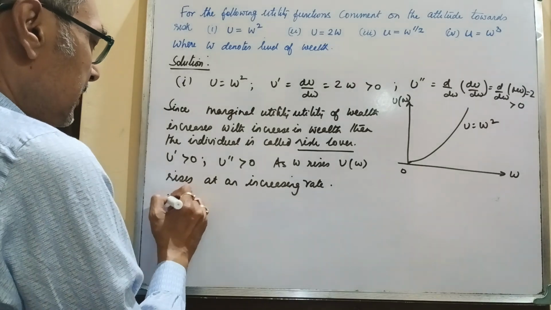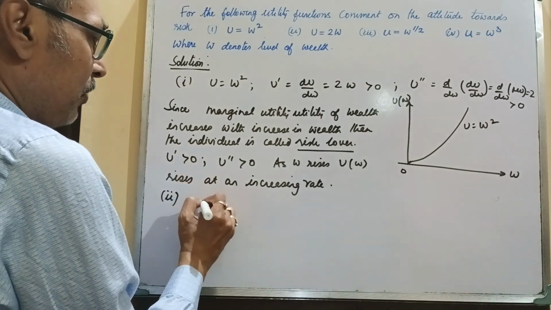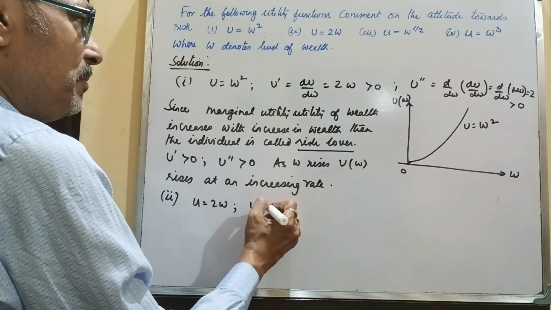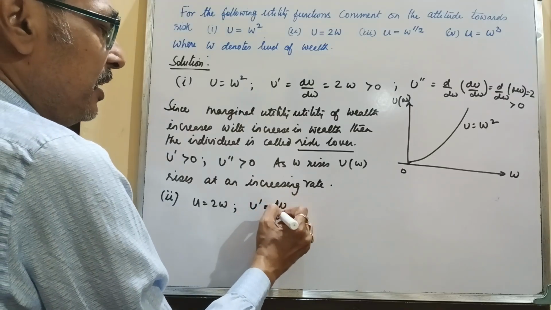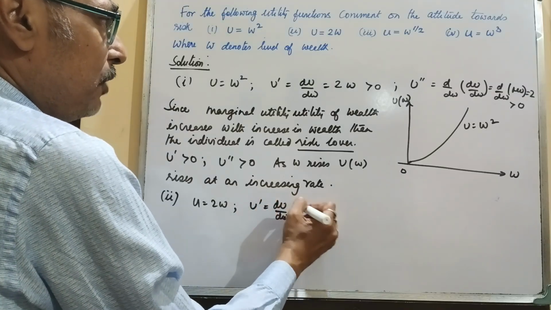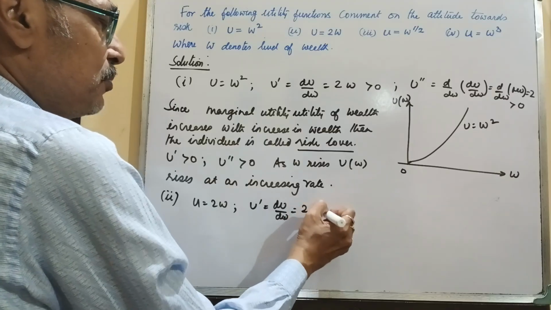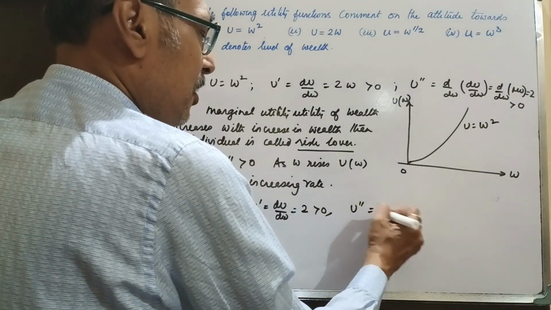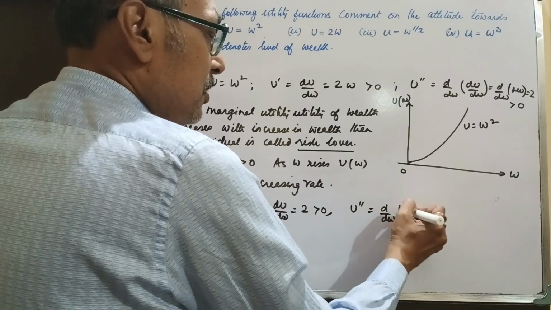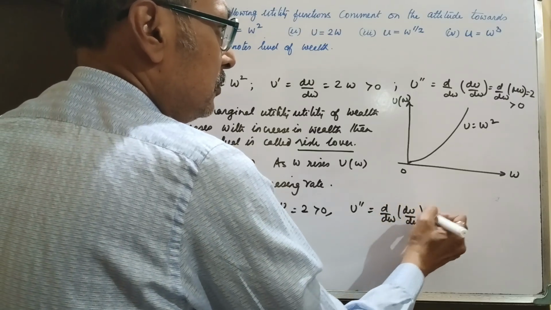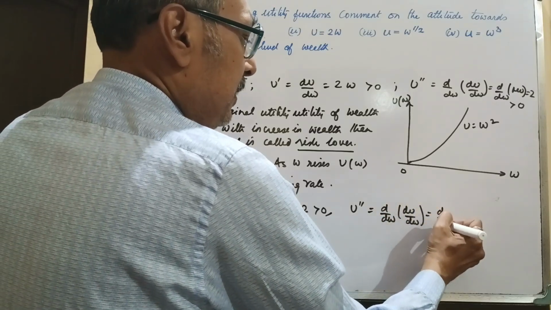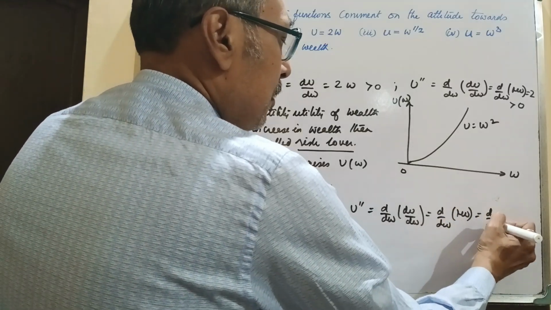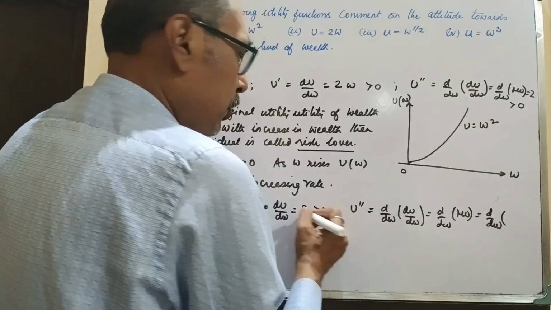Now we do the second part, that is u equals 2w. Now we first differentiate: u prime of w, that is du/dw, equals 2, which is positive. And u double prime, that is d/dw of du/dw, that is d/dw of marginal utility MU, equals d/dw of 2.